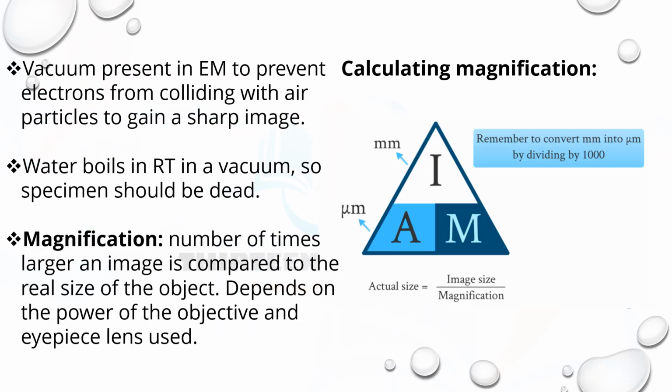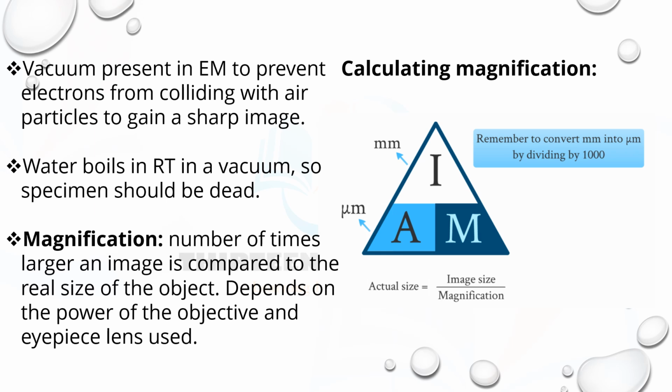Now watch this. Like I've mentioned, electrons can travel only through a vacuum. Now, magnification. This is the formula of magnification, guys. Don't forget it.